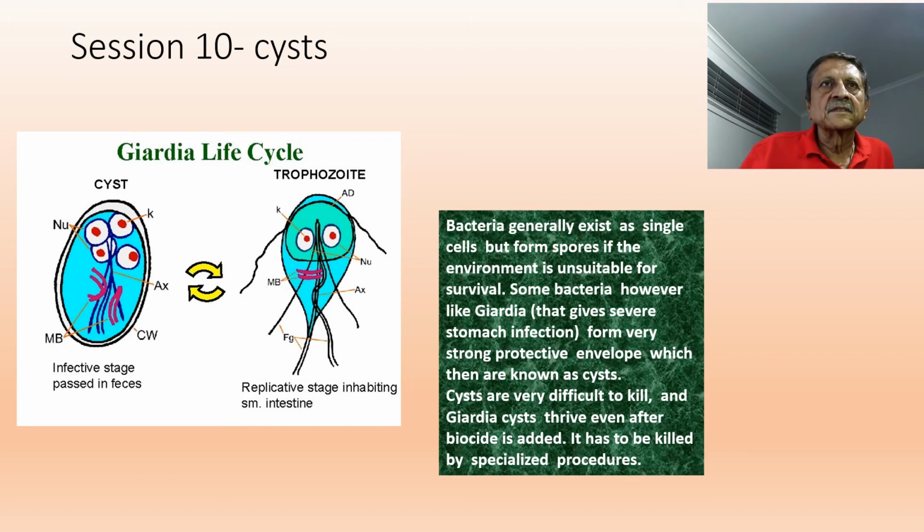Ozone can cause some damage, but it's still not strong enough to be able to destroy or get rid of the Giardia. But ozone, in combination with other oxidants, can effectively remove Giardia from water.